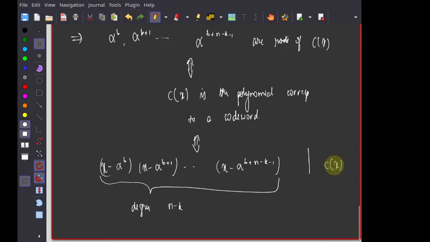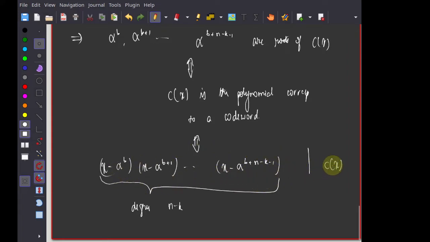So if you consider any polynomial of degree less than or equal to n minus 1 and which is divisible by this, it corresponds to a valid code word. And vice versa. If C is a valid code word, then C of X has to be divisible by this.